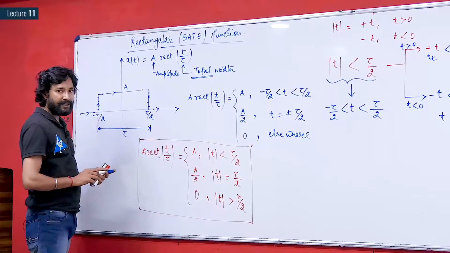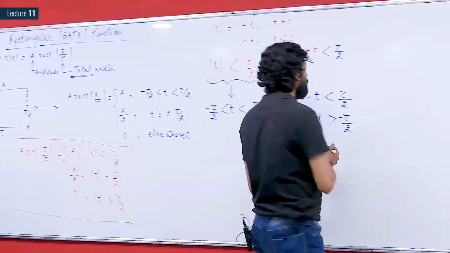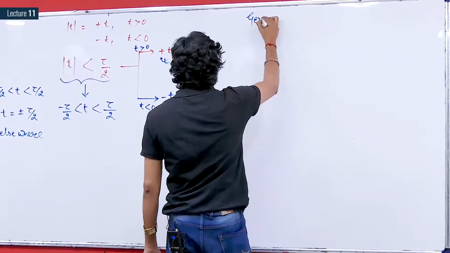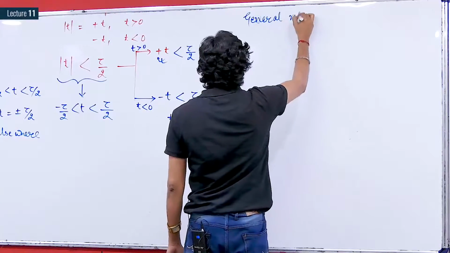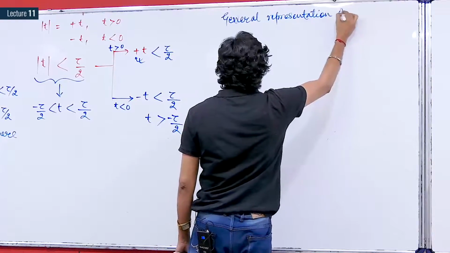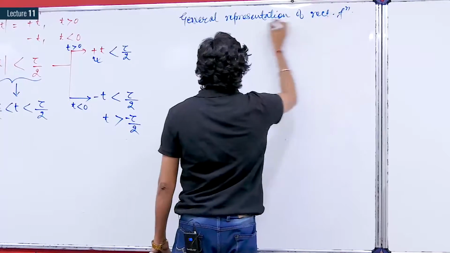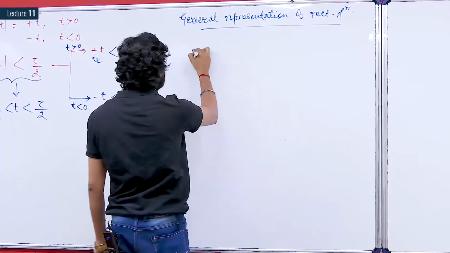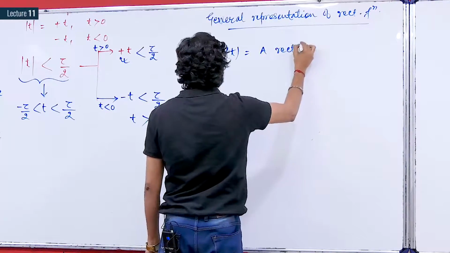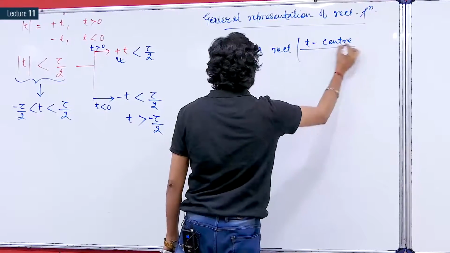If the rectangle is not centered at the origin, then the general representation of the rectangular function is x of t equals a times rectangle of t minus center upon tau.